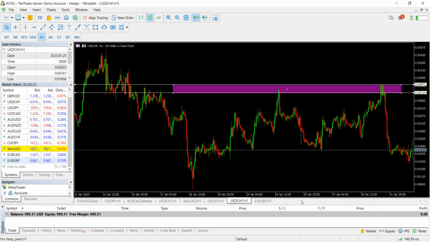Go on any currency pair and just mark out support zones and resistance zones and see how they play out. I need you to be able to spot these zones and see how a support zone is controlling price. See how a resistance zone is controlling price.